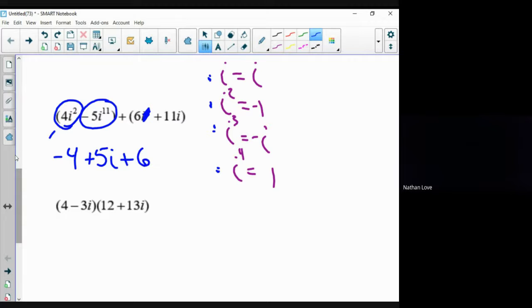It's really just 1. Okay? And the last one, I've got 11i. Not i to the 11th, but just 11i. I mean, guess what? Nothing happens. And since I'm adding these together, all I have to do now is combine my like terms. -4 and 6 is 2, and then 5i and 11i is 16i.